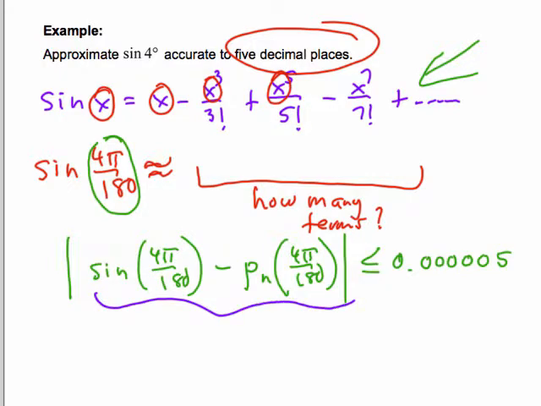In other words, we're saying that the error using the nth degree polynomial of this value needs to be this.